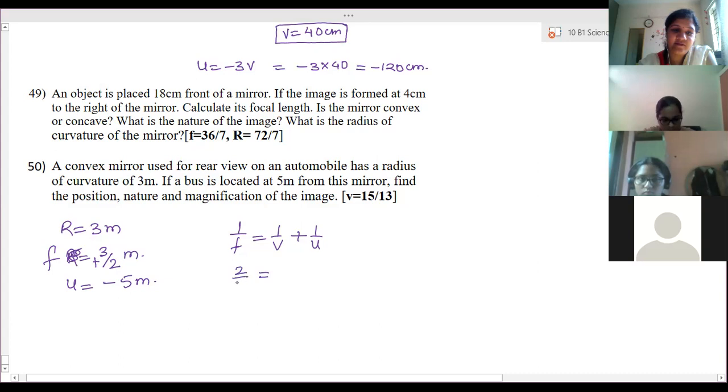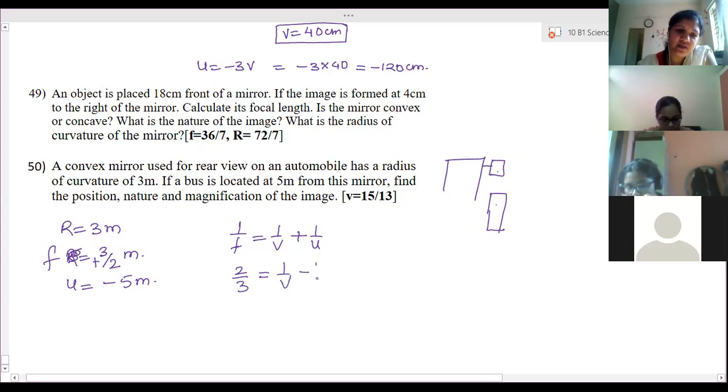So by side view it's negative. When a vehicle has this side view mirror, the bus is here. So this position is where? In front of the mirror or behind the mirror? Yeah, in front.